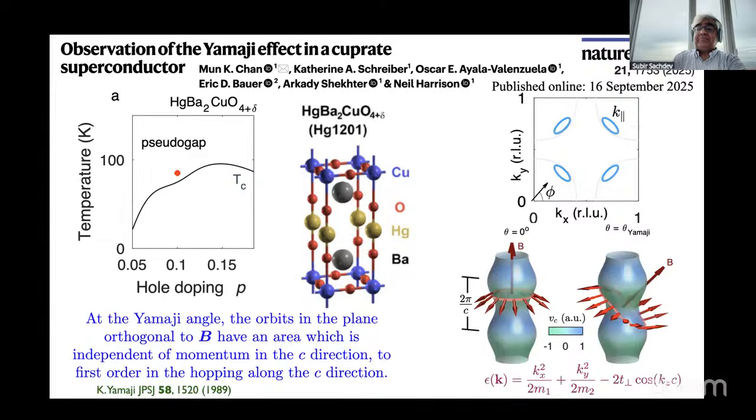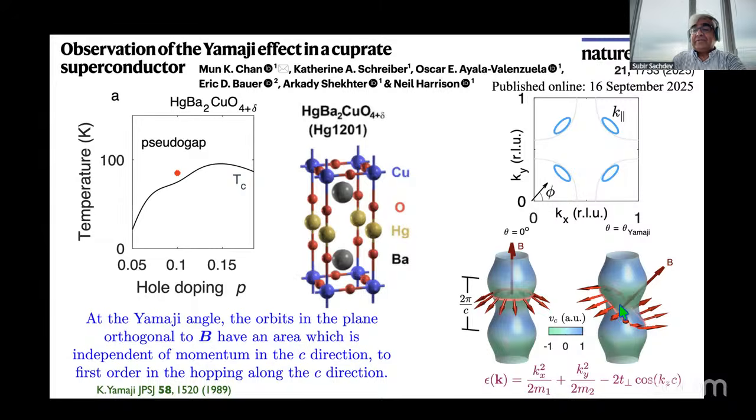So they also measured angle-dependent magnetoresistance. They took a model of just small elliptical pockets with this dispersion here. And because of the simple structure in this direction, you just get a cosine dispersion. And what they observed is something called the Yamaji effect, a very beautiful effect, which has been known earlier in other quasi-two-dimensional compounds.